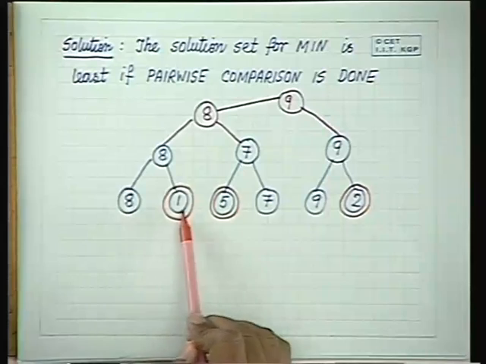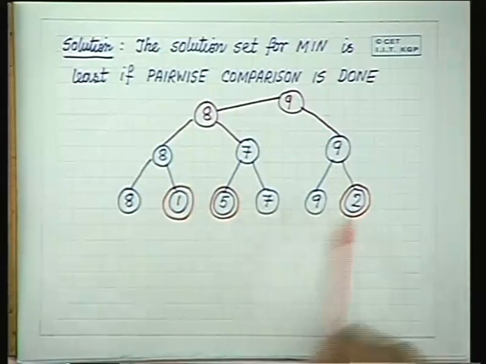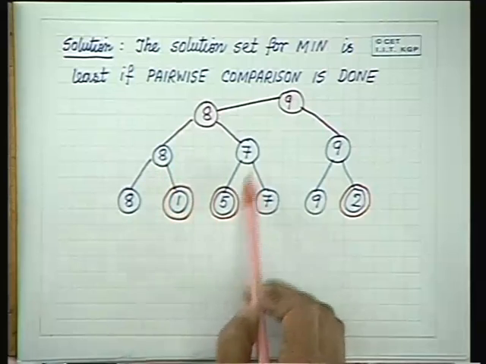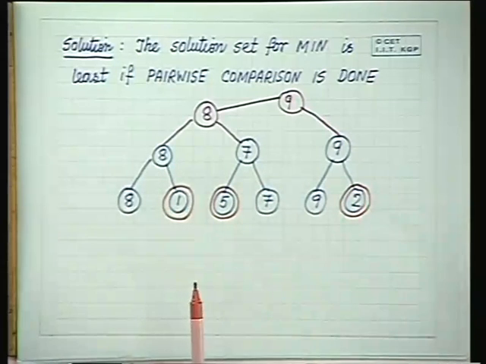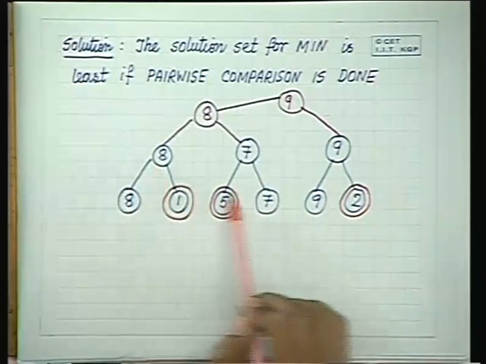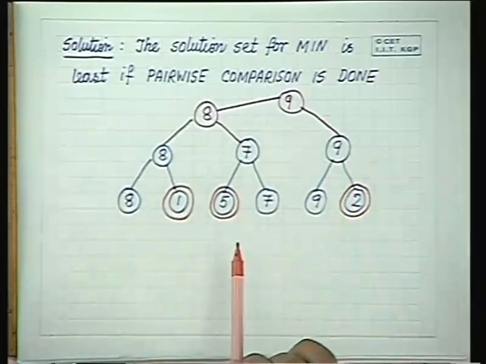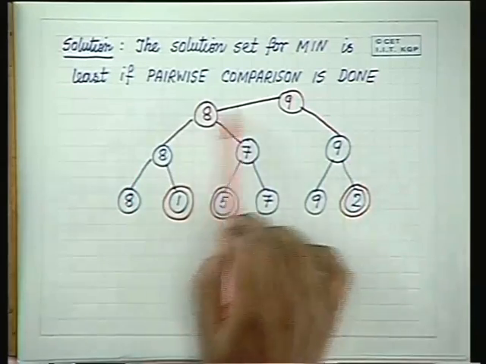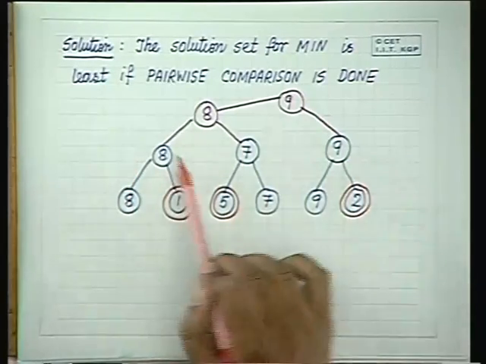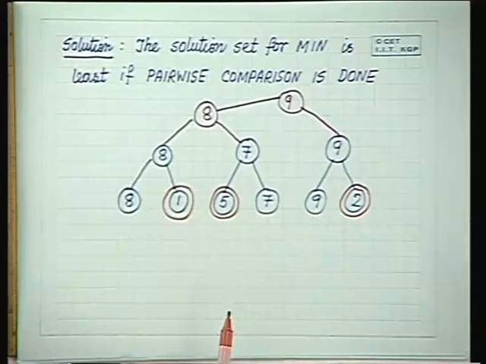Suppose we have 8, 1, 5, 7, 9 and 2. We compare them pairwise. The winners are 8 here, 7 here and 9 here. And these are used to declare the winner and continue the tournament this side.